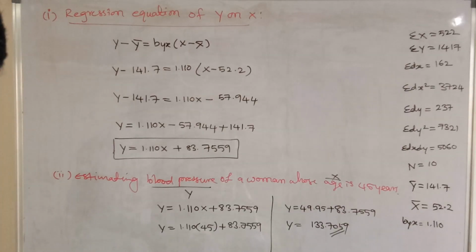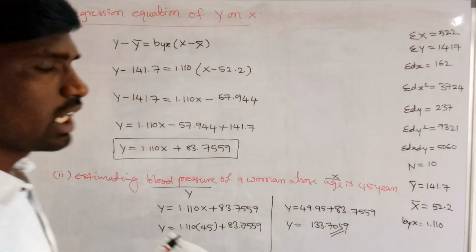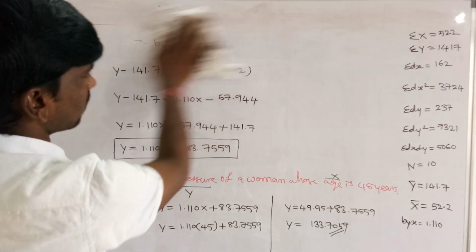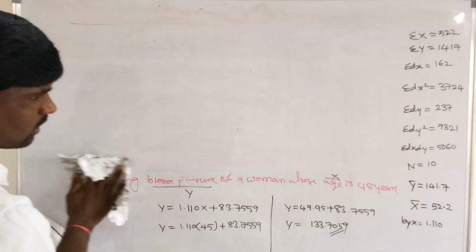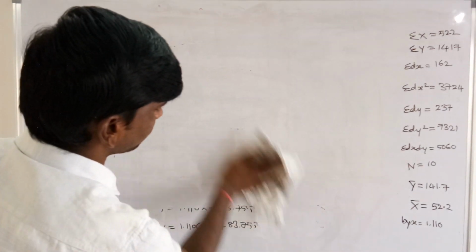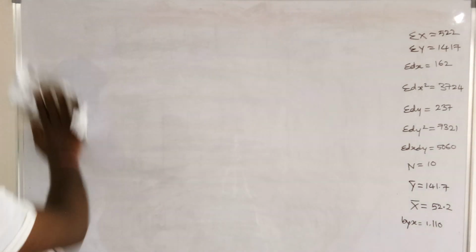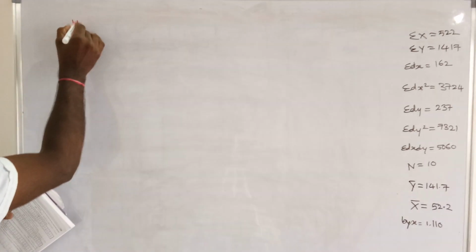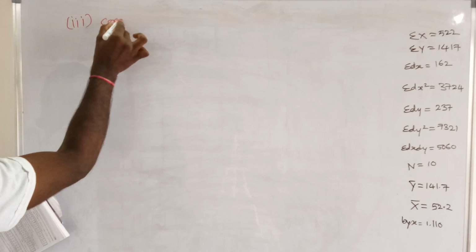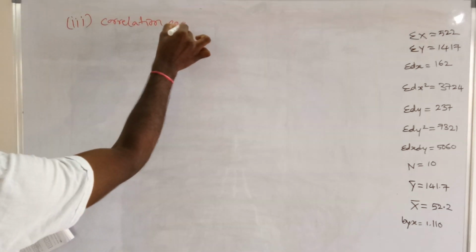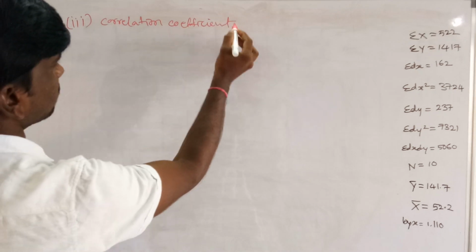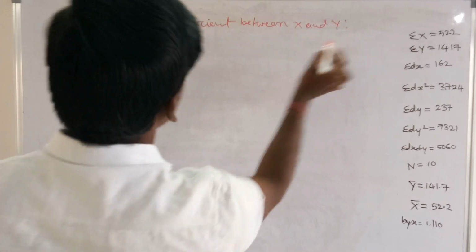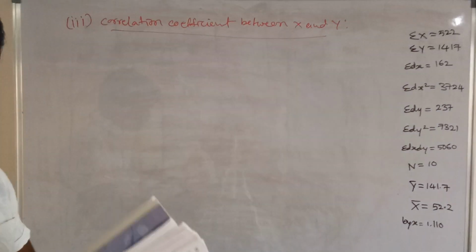Another condition is also there. The third condition is the correlation coefficient between X and Y. It is very simple to calculate this correlation between these two variables.